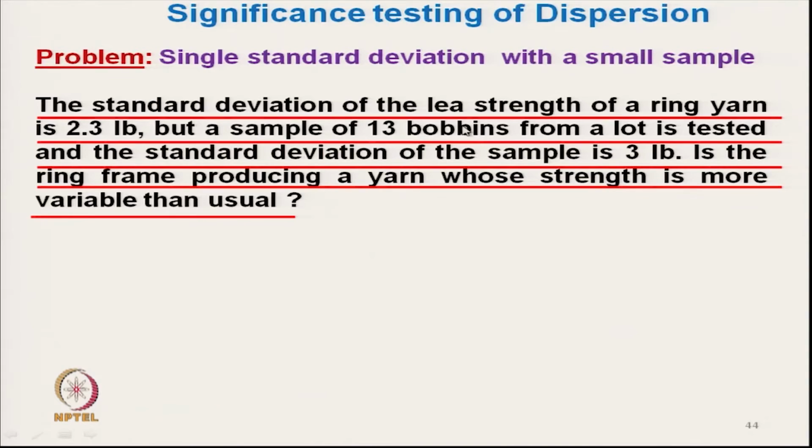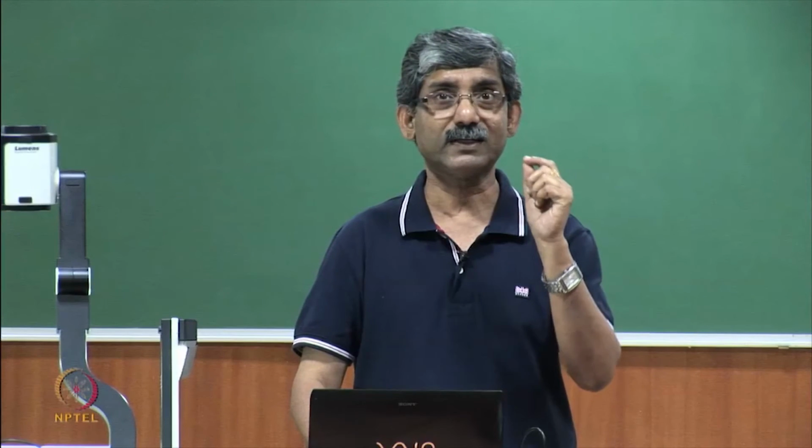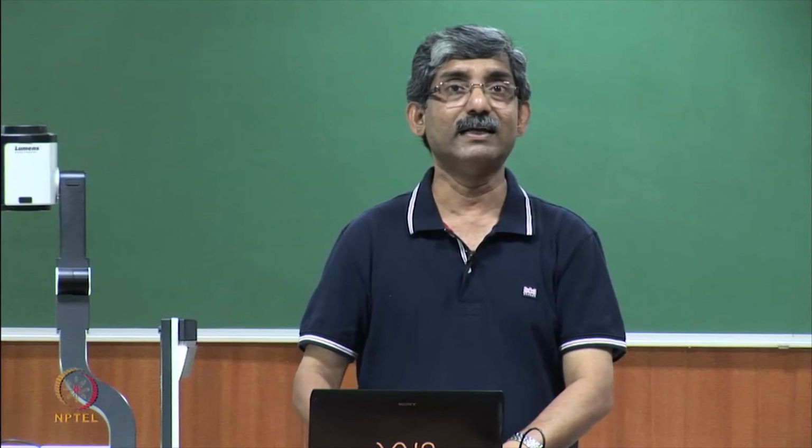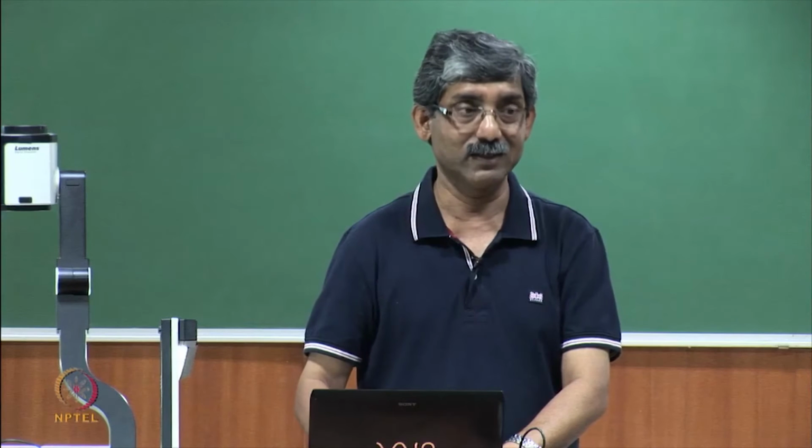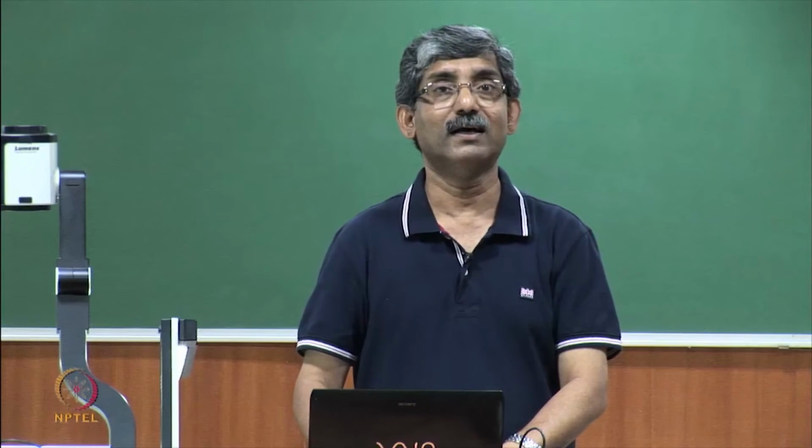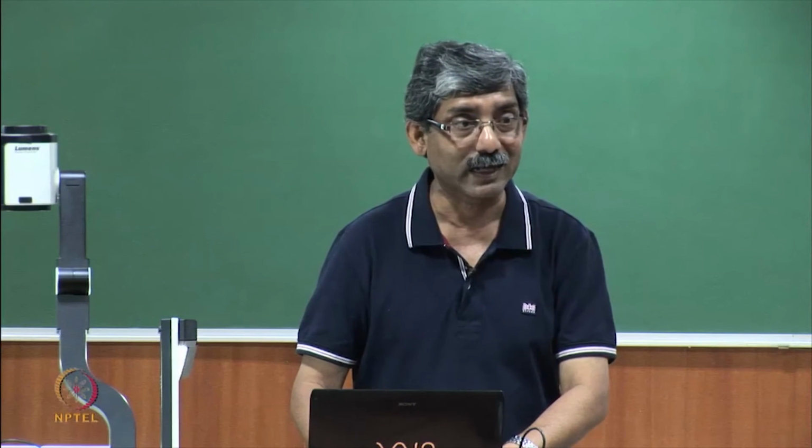On that basis we can do the analysis, but as it is a smaller sample we can use another technique, which is much simpler, faster, and needs very little calculation. That is the F test we can carry out.